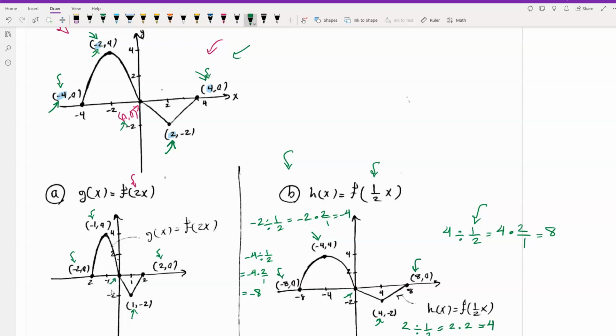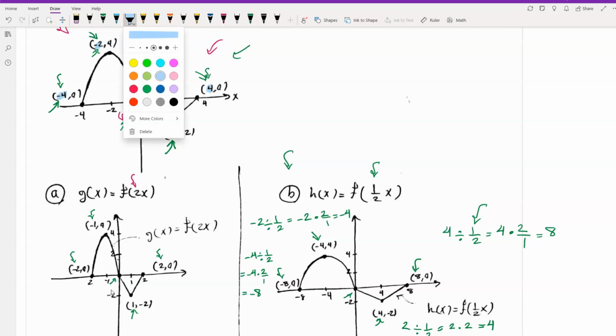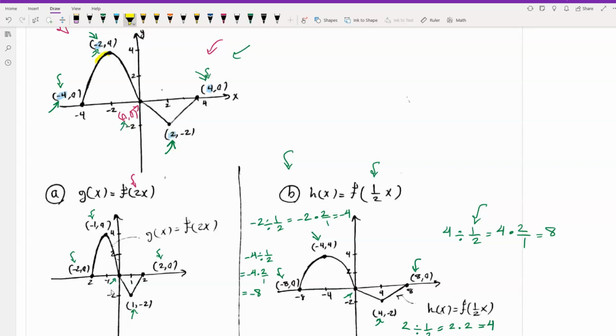Just remember that you have to do exactly the same as what is given. This one is not a straight line, so we're not going to have a straight line. This part is a straight line, so here I have a straight line. Here again, this is not a straight line, that's why I do not have a straight line.